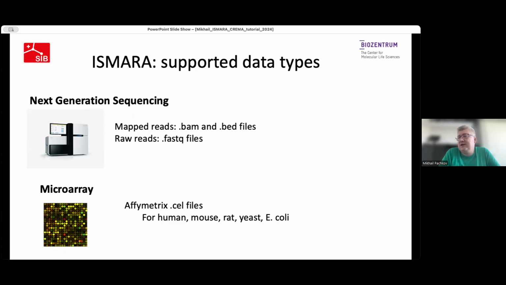It was originally designed to support Affymetrix microarray chips, and we now have support for various chips for human, mouse, rat, yeast, and E. coli. But potentially, if you would like to have support for some chip for other organisms which is not yet supported, please contact us so we can work on this.